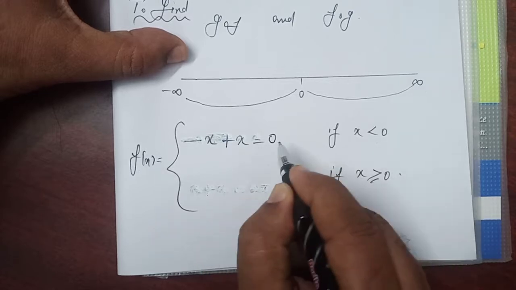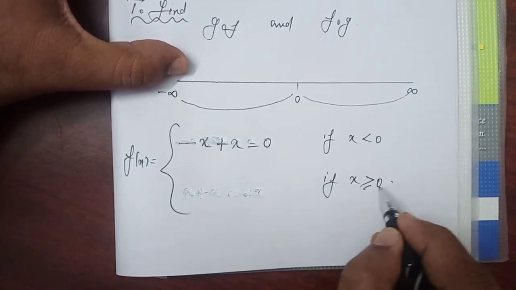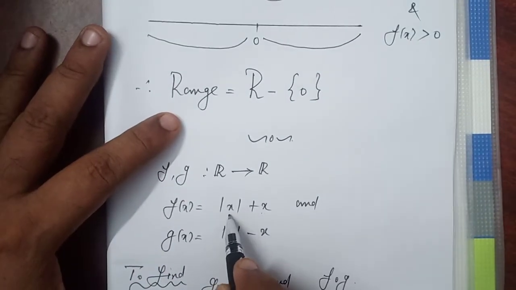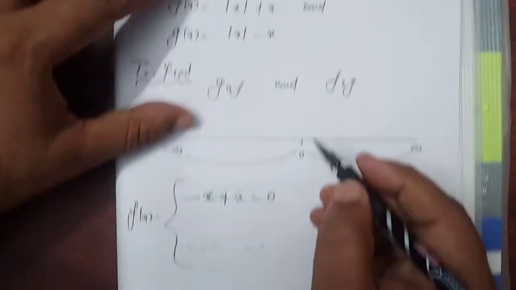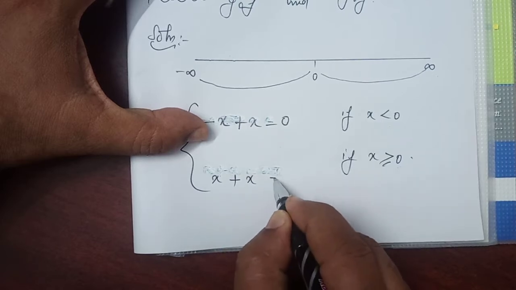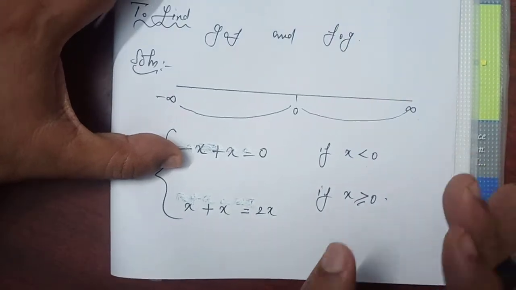I'll give an example, after that you can easily understand. Then for x greater than or equal to 0, the same f of x, write modulus of x as x only, plus x as it is. So here x plus x, that is equal to 2x. I'll give an example, surely you can understand.